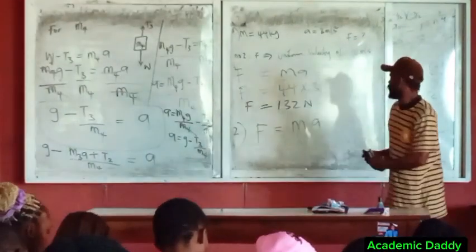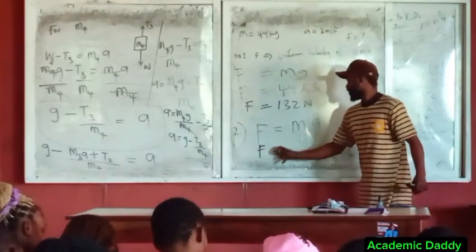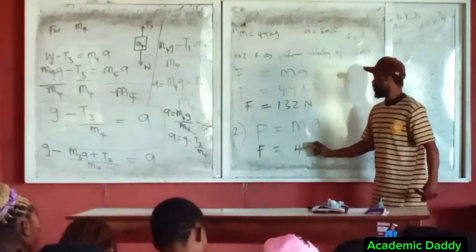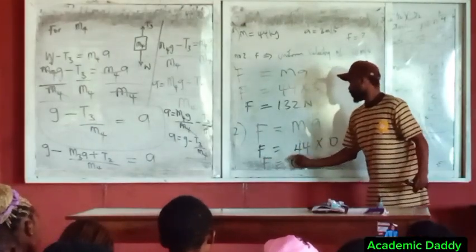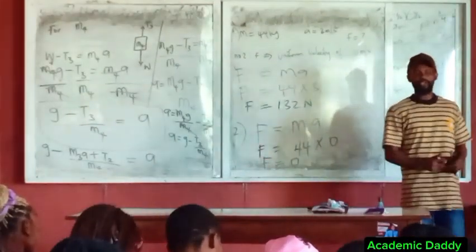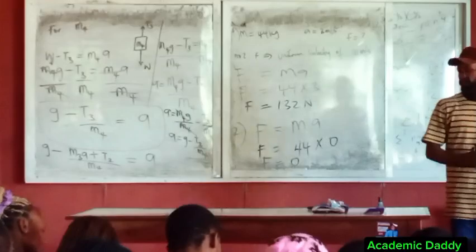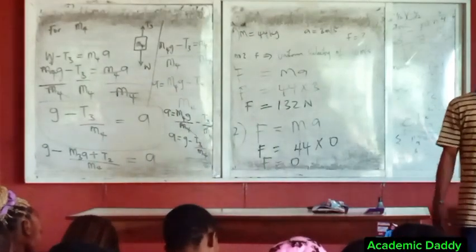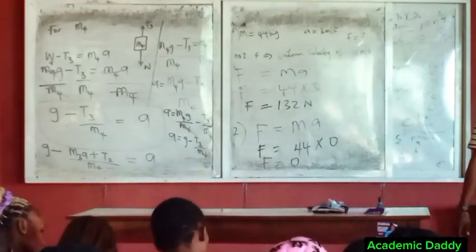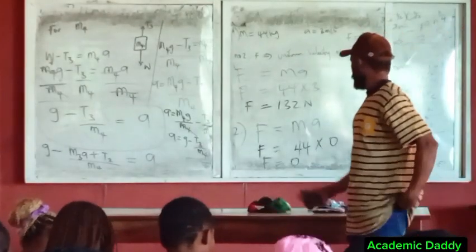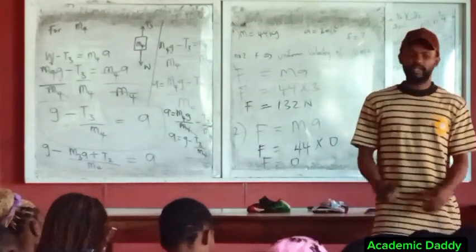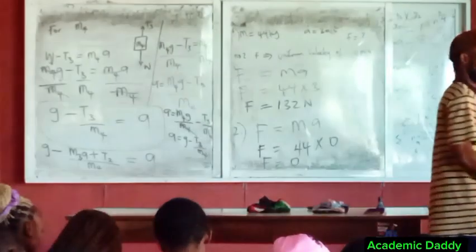So that means I will have F equals 44 times 0, which means F here will be 0. There is no force here, because the velocity is a uniform velocity.